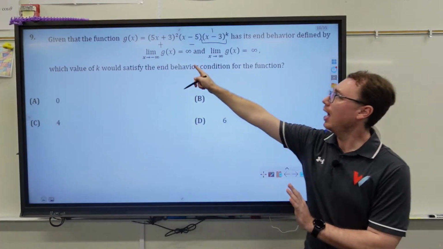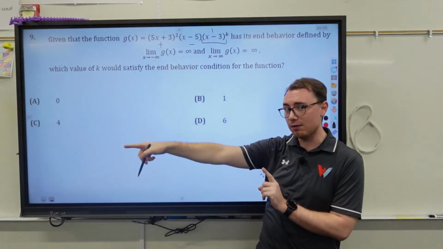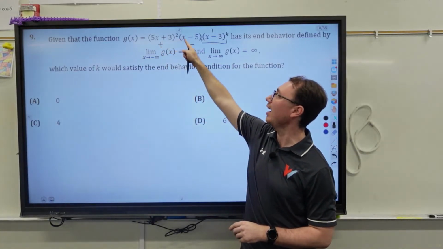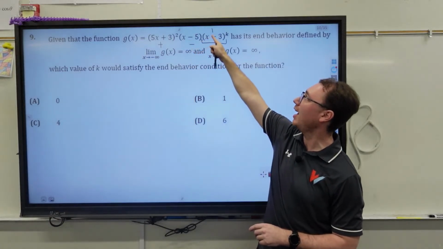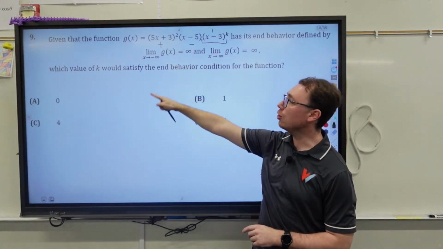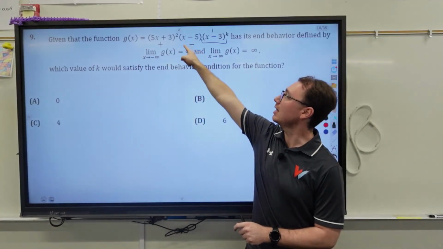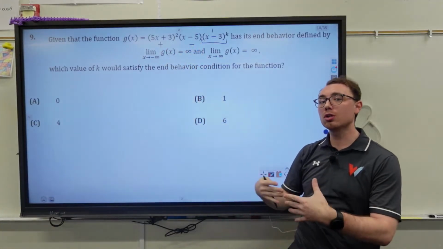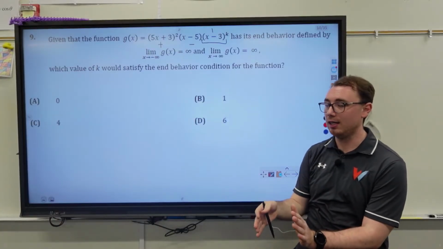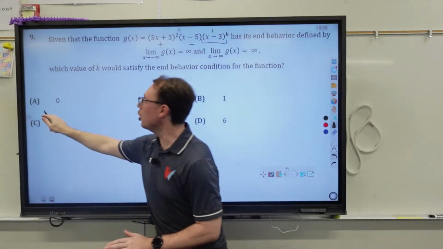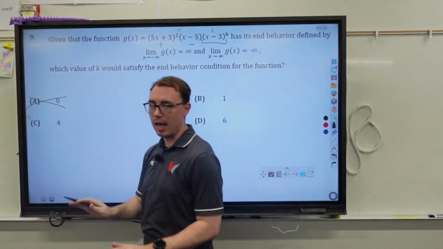In the end, as x increases to negative infinity, this value becomes a large positive times a large negative times 1. So we know that k isn't going to be 0 because this would be closer and closer to negative infinity, because it's positive infinity times negative infinity here. So we know it's not going to be A here.